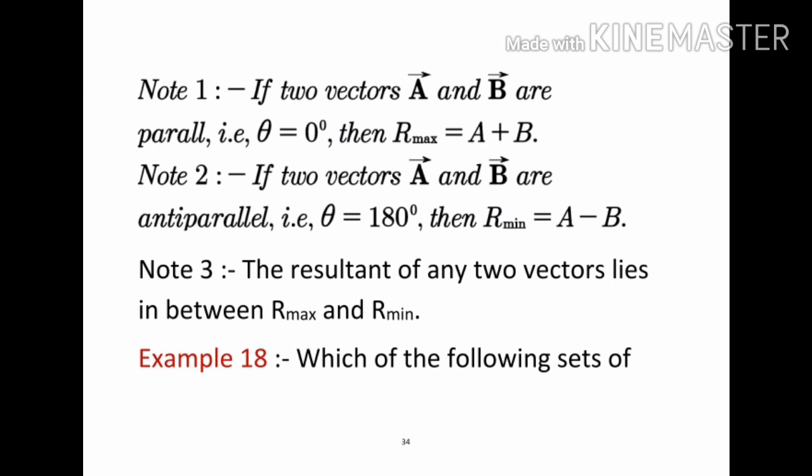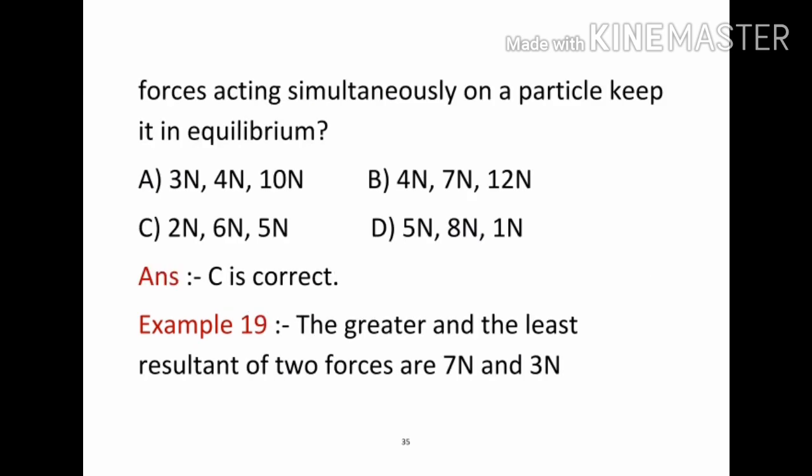So example 18, which of the following sets of forces acting simultaneously on a particle keep it in equilibrium? So we have four sets of forces, and in each set the first two forces are taken as A and B, and the last one is taken as the resultant.